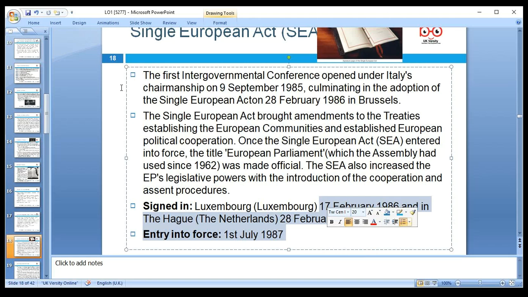So these are the crucial dates of when the European Union and these treaties were signed, and the purpose of the treaties.